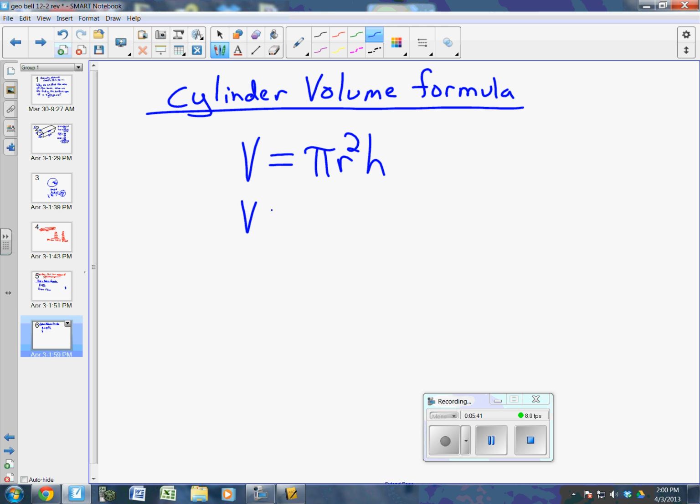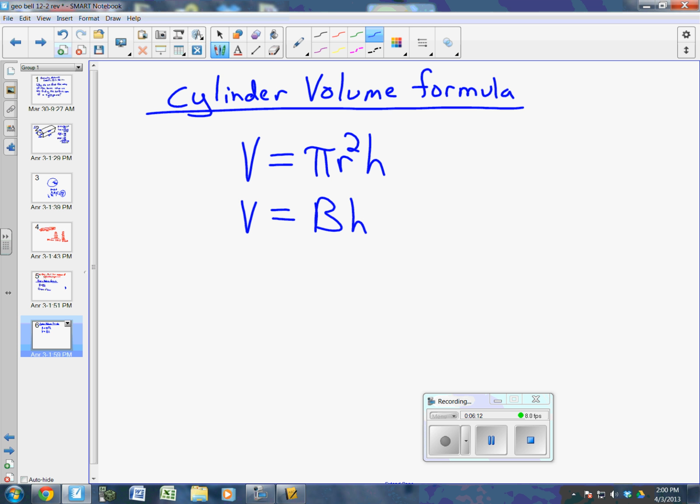Did you know that's the same thing as the area of the base times the height? Because what does pi r squared stand for? Pi r squared is the area formula for what? A circle. And that's going to give you the area of the base, isn't the base of a cylinder a circle? So you find the area of the base, and you times it by how tall it is. Okay?